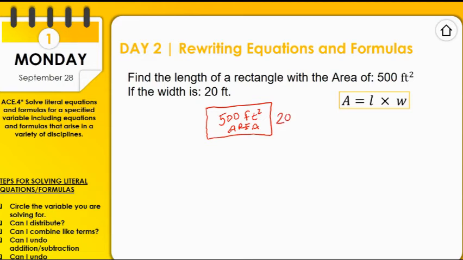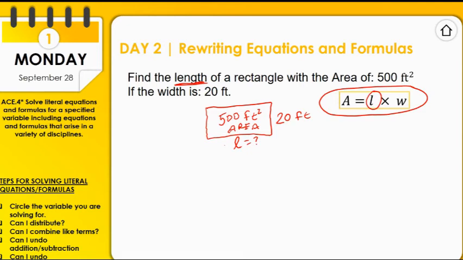And the width is 20 feet. I want to find the length. So my equation or formula for area is area equals length times width. I'm looking for length. So I want to solve for L.